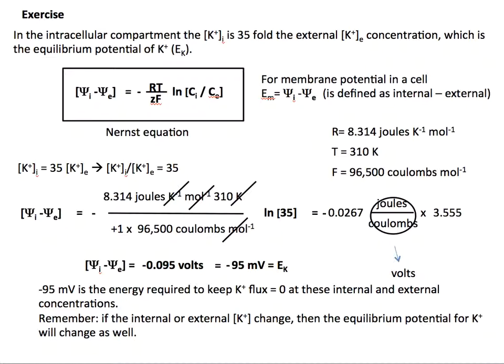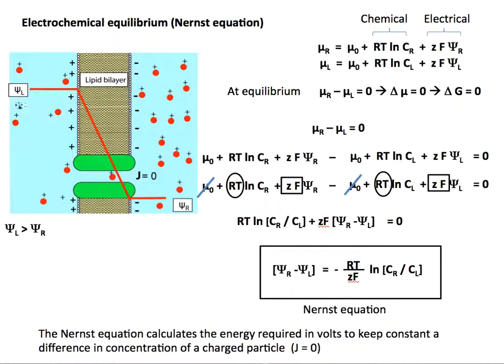So let me use the previous slide to explain. Let's just assume that the inside, this side, has the 35-fold higher potassium concentration, and the left side is the outside. So if you have a lot more potassium inside than outside, what is the potassium going to want to do? It's going to want to leave.